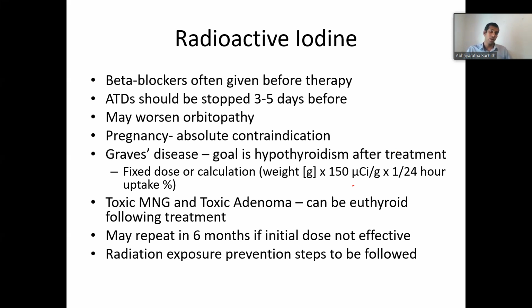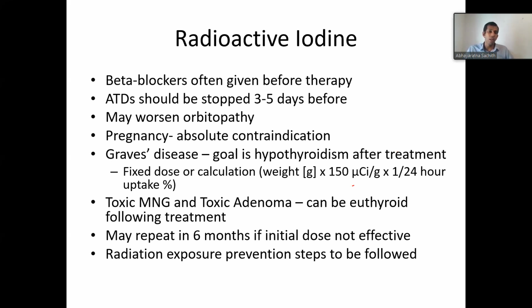Pregnancy is an absolute contraindication. So if a patient has undergone radioactive iodine therapy, you have to wait for about 6 months before pregnancy. In Graves' disease, you calculate a dose based on the patient's levels of hyperthyroidism and the weight, and give a fixed dose to ablate the function of most of the thyroid producing cells.